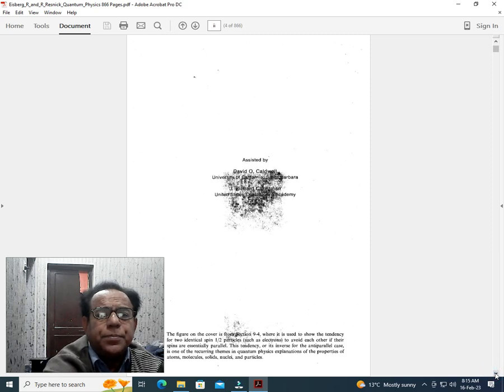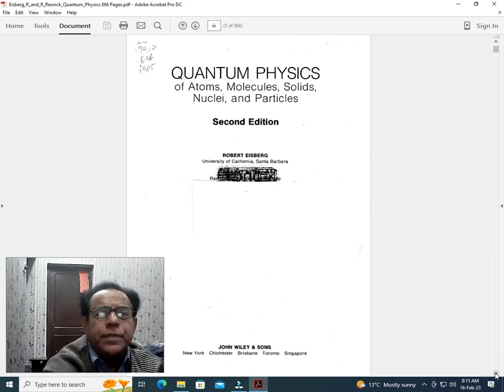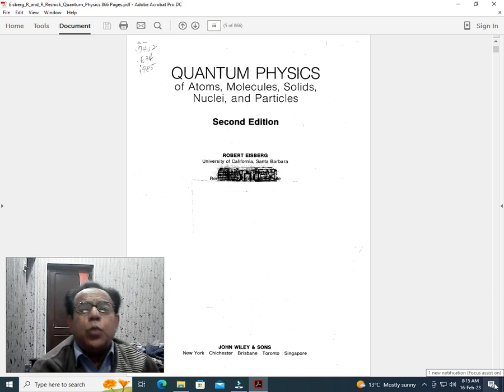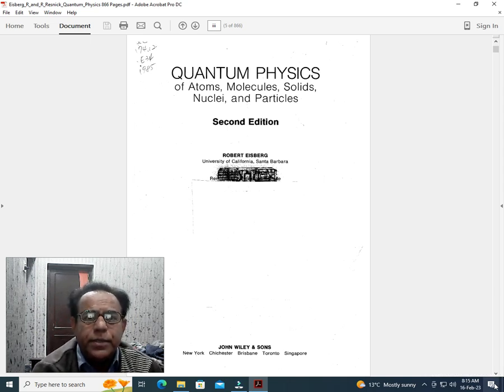Quantum physics of atoms, molecules, solids, nuclei and particles. Second edition. Its author is Robert Eisberg.